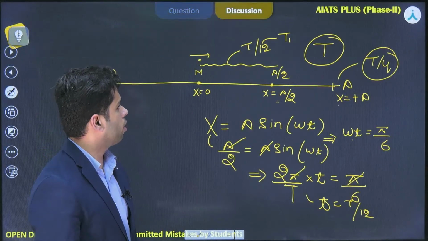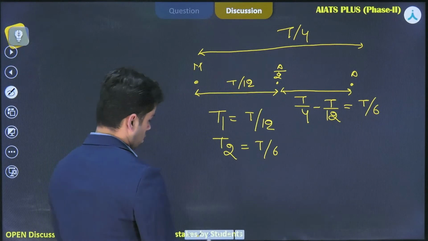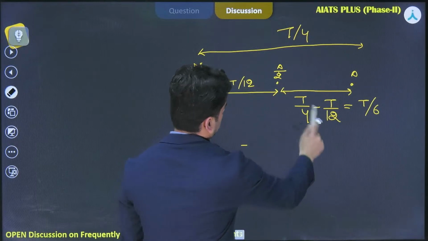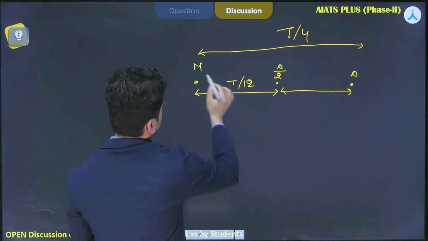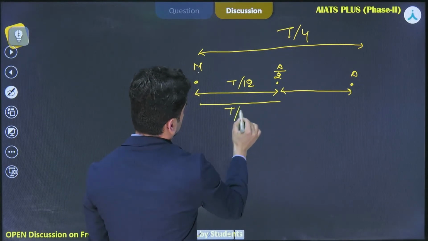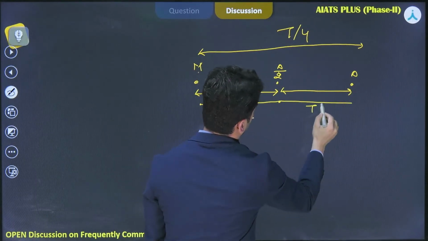Now dear students, if I give you a chart about the time, say it's a simple chart. If the particle starts from mean position and it goes like this, this time will be T by 12, and it goes from this A by 2 to A, so this time will be equal to T by 6.